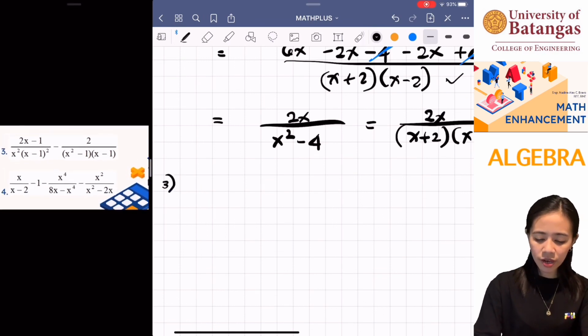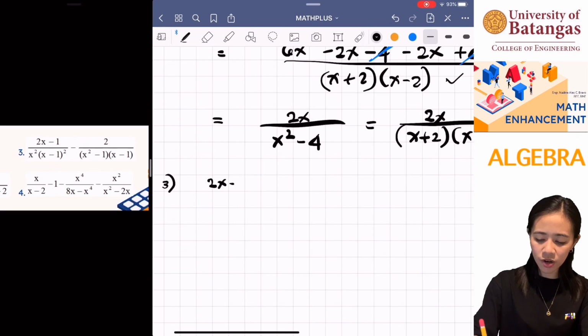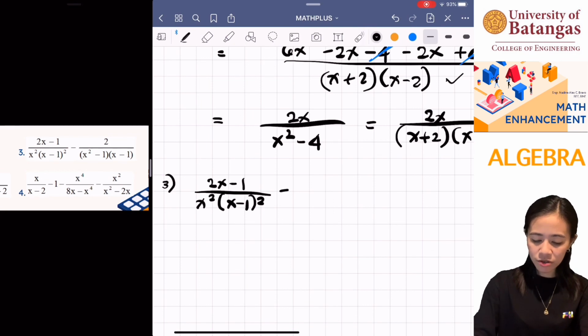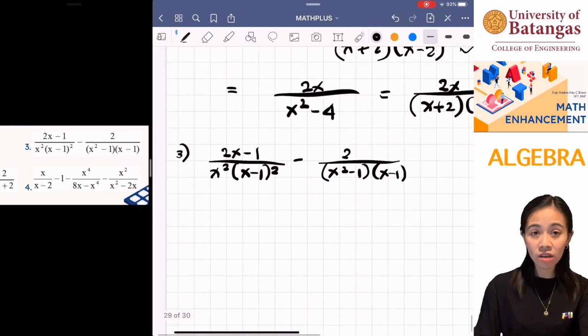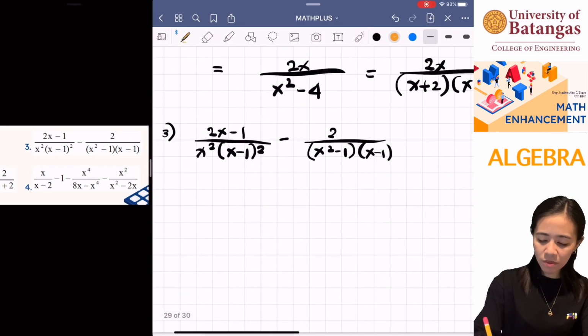Okay? We have here 2x minus 1 all over x squared, x minus 1 squared, minus, have 2 all over x squared minus 1, and x minus 1. So, if I take the LCD of this, ililista ulit natin siya. So, my denominators are x squared, x minus 1 squared, and x squared minus 1 times x minus 1.